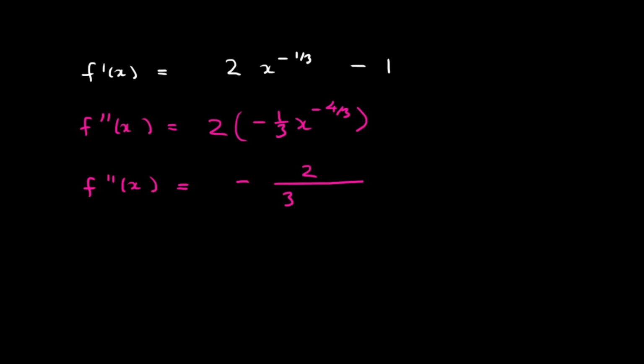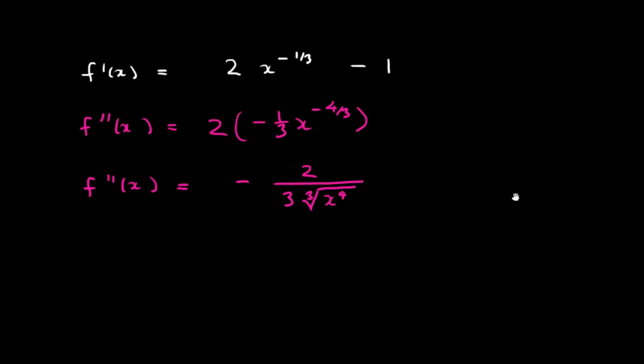And then instead of writing x to the positive 4/3 on the bottom, I think we'll go back to our cube root due to the 3 on the bottom. Once that x to the 4/3 is sitting in the denominator, that 3 is our index, and that means we have x to the power 4 underneath that cube root. If you can see that, hopefully. If you can't see that, hopefully you've heard that.